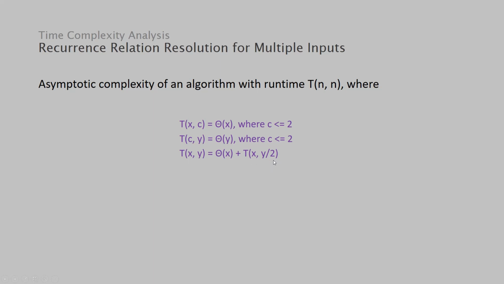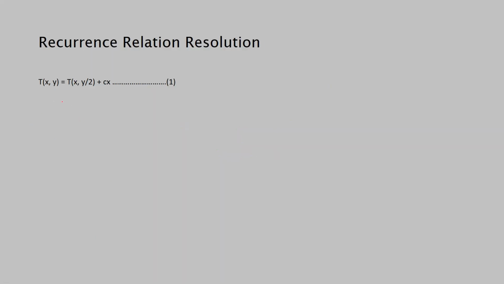So this is the problem, and to solve this, we can rewrite the function like this: T of x, y equals T of x, y by 2 plus cx. The original function was theta of x. We can rewrite it as cx, because we know that theta notation bounds a function from above and below.